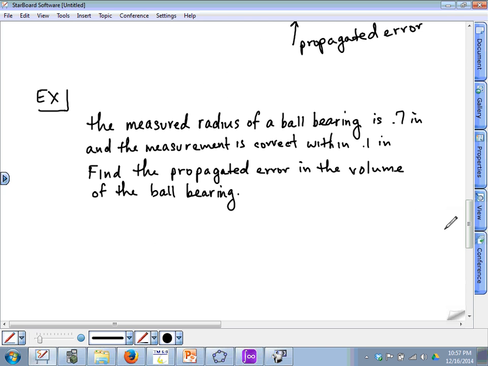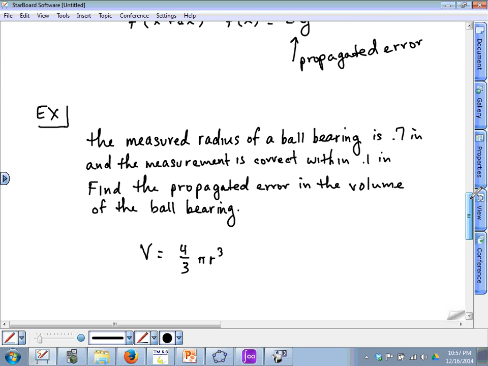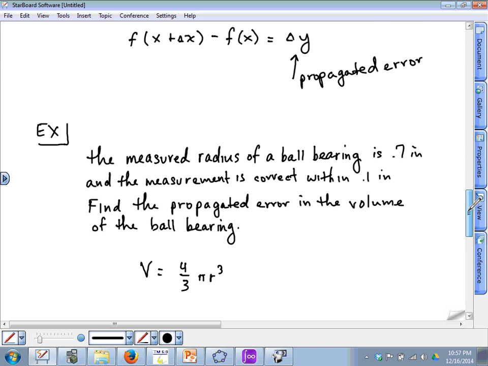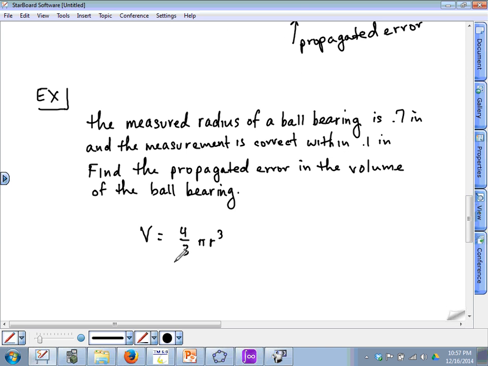So the volume of a sphere is 4/3 pi r cubed. Now the propagated error is delta V. But remember what we just talked about a little while ago.